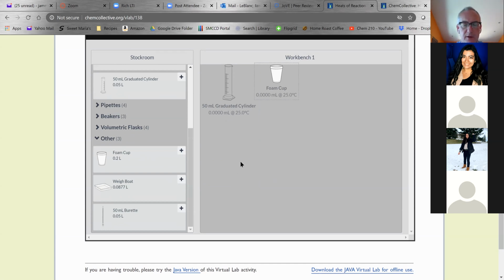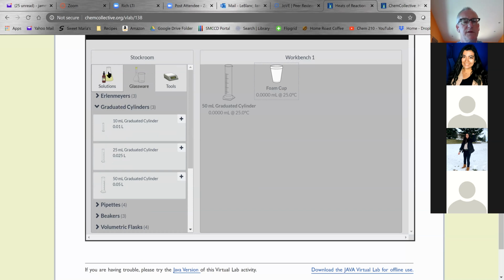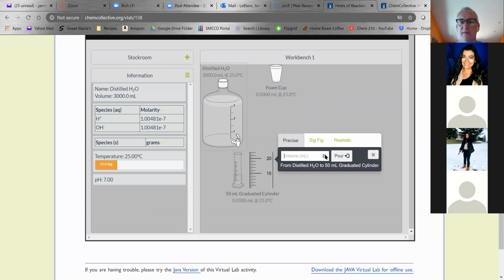So, going to put 50 mils of water. Solutions, water. So put 50 mils of water in the graduated cylinder. Let's drag it over there. I want 50.0 mils. Pour. So you can see I've got 50.000 mils, so pretty accurate.